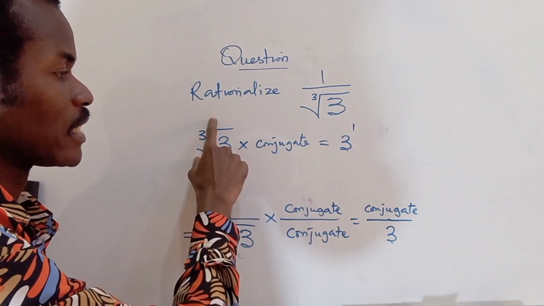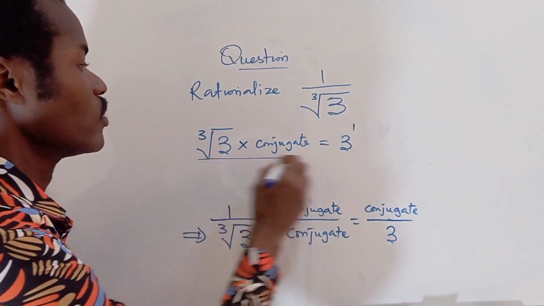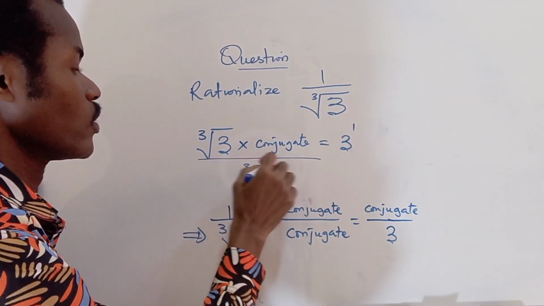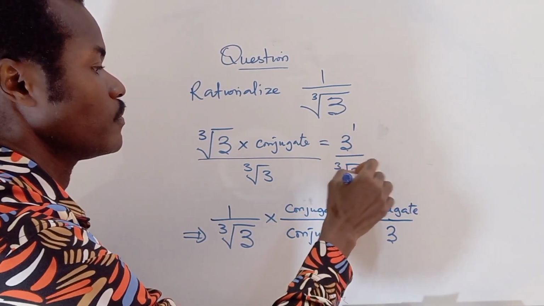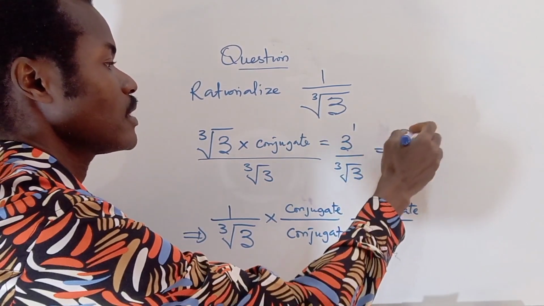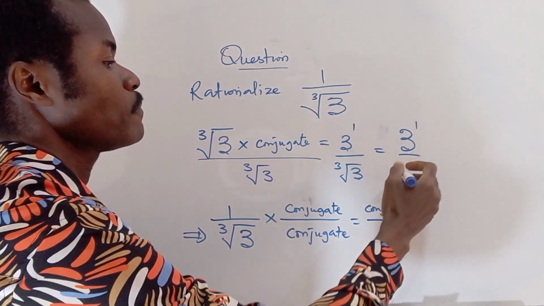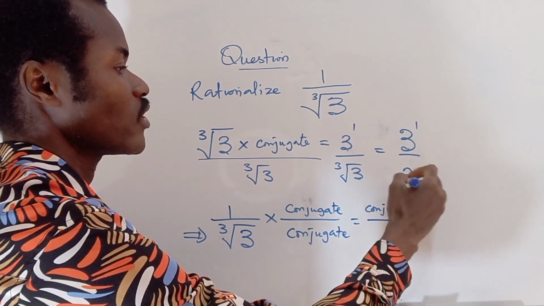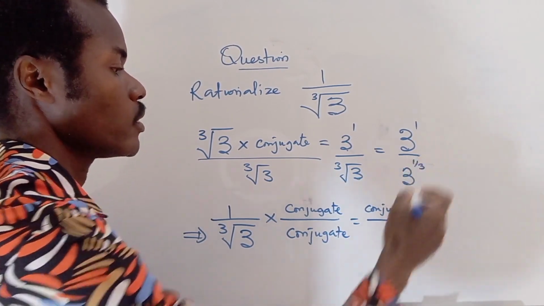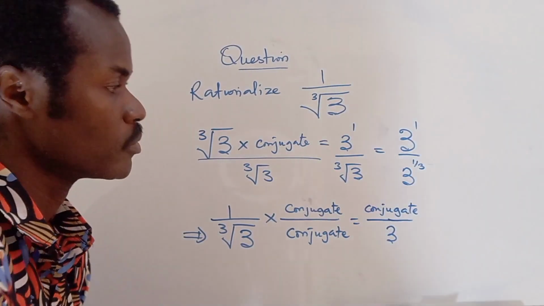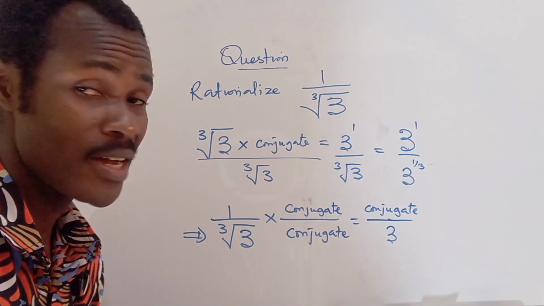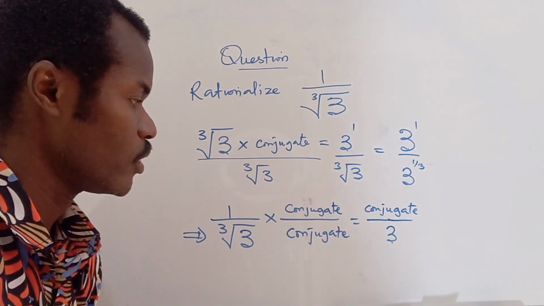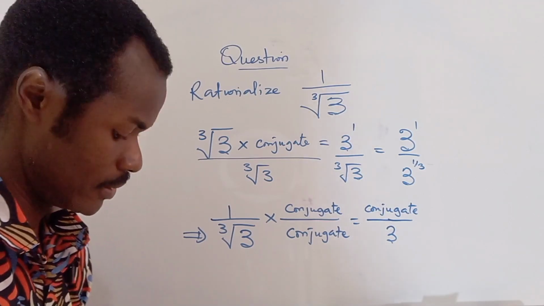I want to divide both sides by the cube root of 3. So this is going to give us 3 raised to the power of 1 divided by the cube root of 3, which we can write as 3 raised to the power of 1/3. Cube root also means power of 1/3. If you have watched some of my previous videos, you must have come across that.